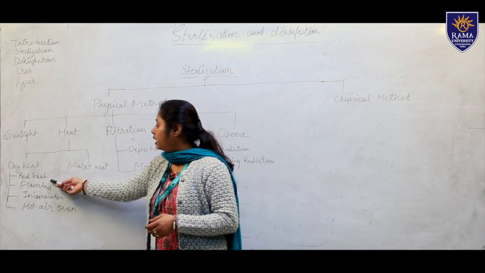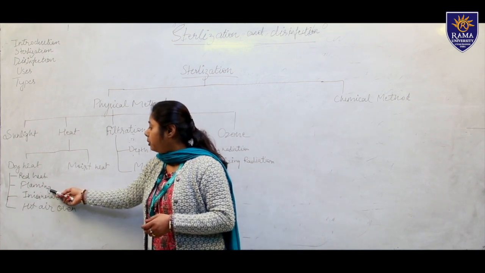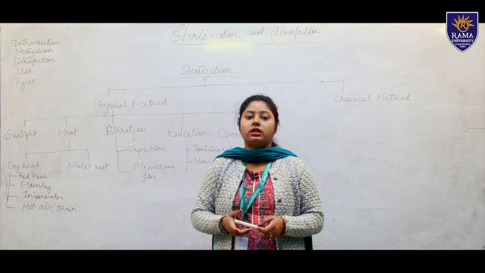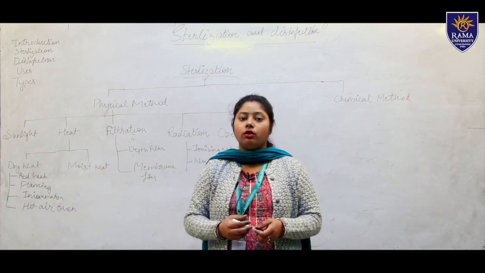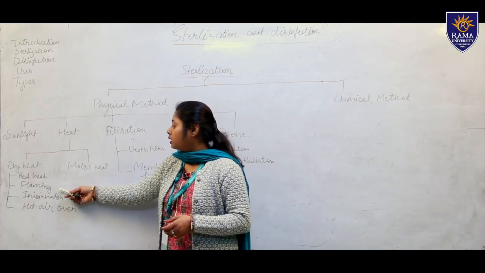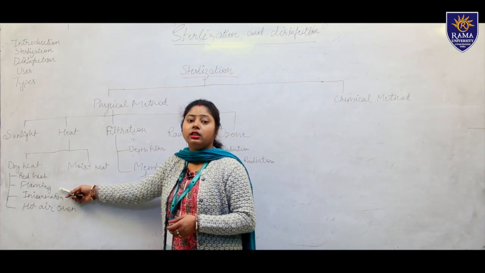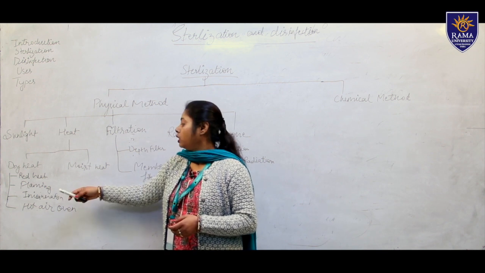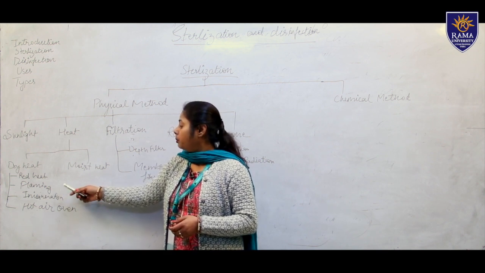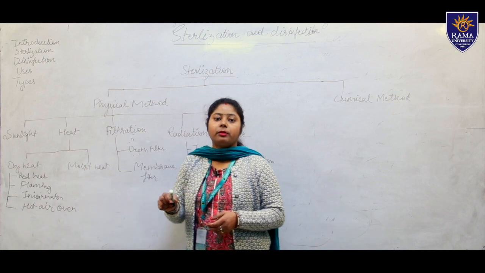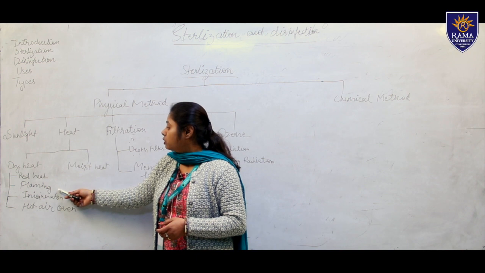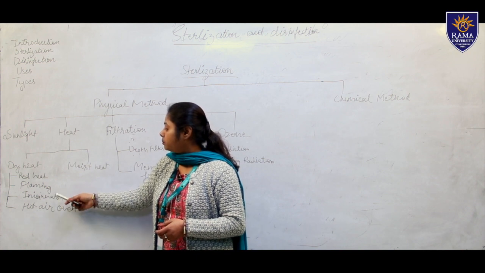In flaming, we use forceps, glasswares and culture media tubes, which we pass through the Bunsen flame, not to get red heat, but to sterilize them.